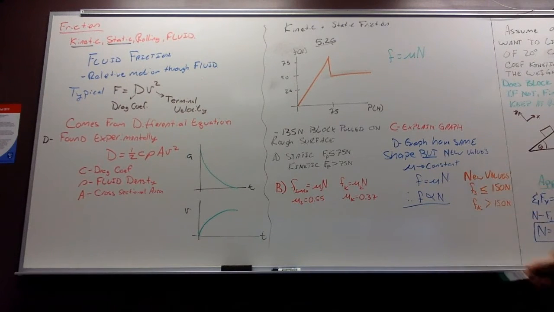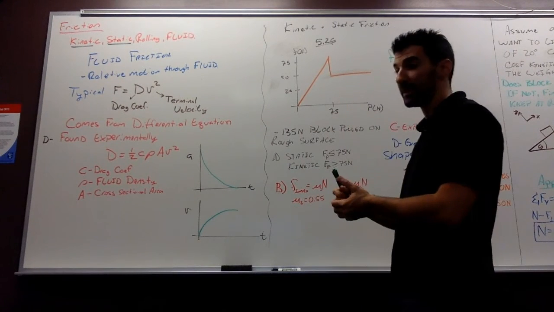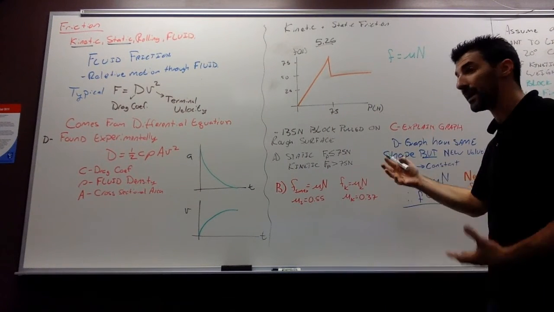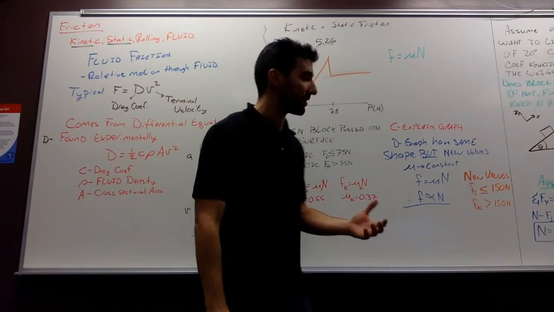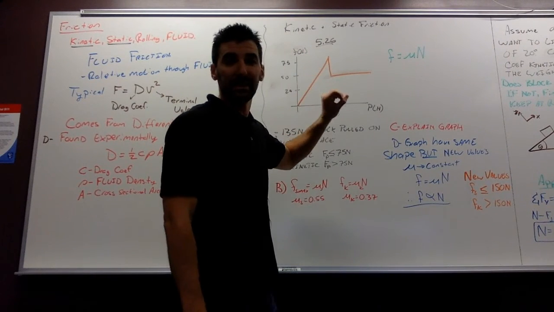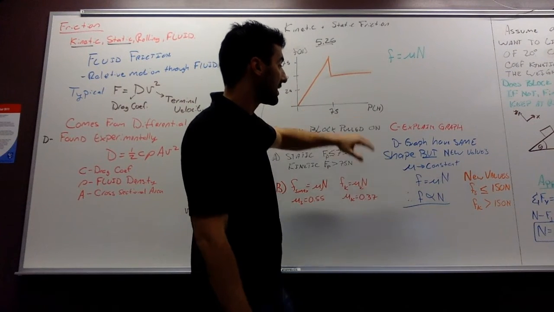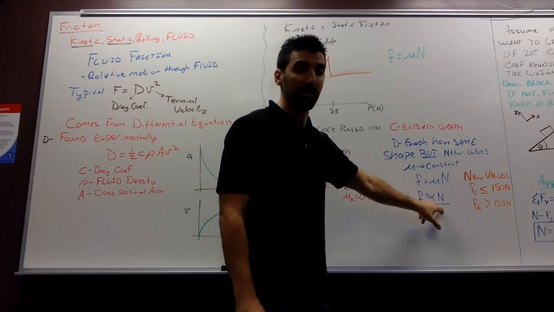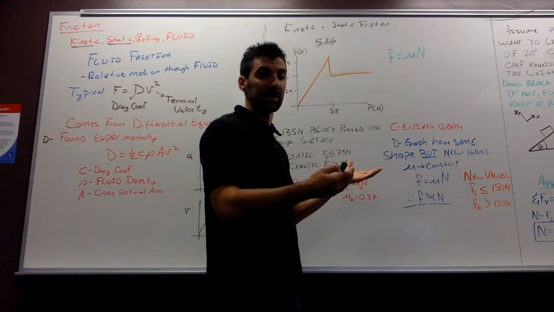The last part is, what happens if I increase the weight? I put a brick on top of the block that I started moving. If I increase the weight of the object, I'm also increasing the normal force of that object. If that's true, this graph looks exactly the same, except all of my values have to change. I know this because the frictional force is proportional to the normal force. So if the normal force goes up, my frictional force goes up.